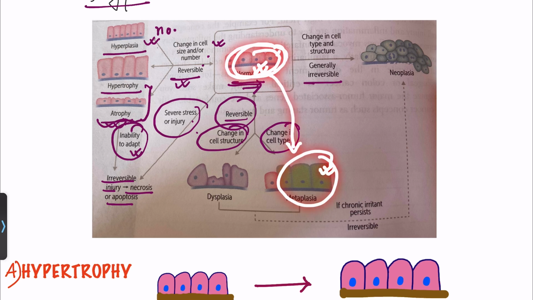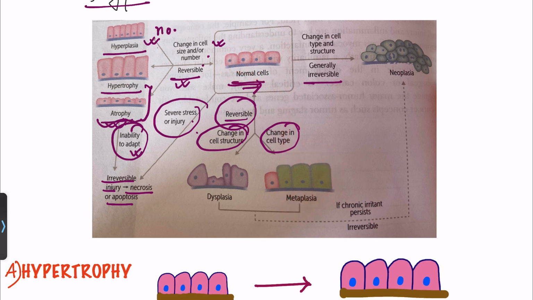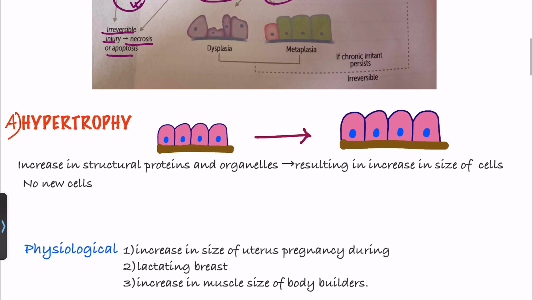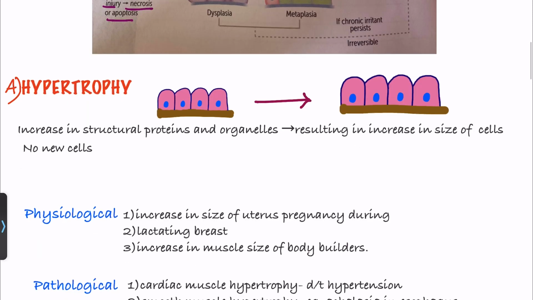That is, one cell type is changed into another cell type in metaplasia. Whenever a cell undergoes irreversible changes, or if the chronic irritation persists for a longer time, the cell undergoes irreversible changes known as neoplasia. Now let's talk about each of the cellular adaptations one by one.